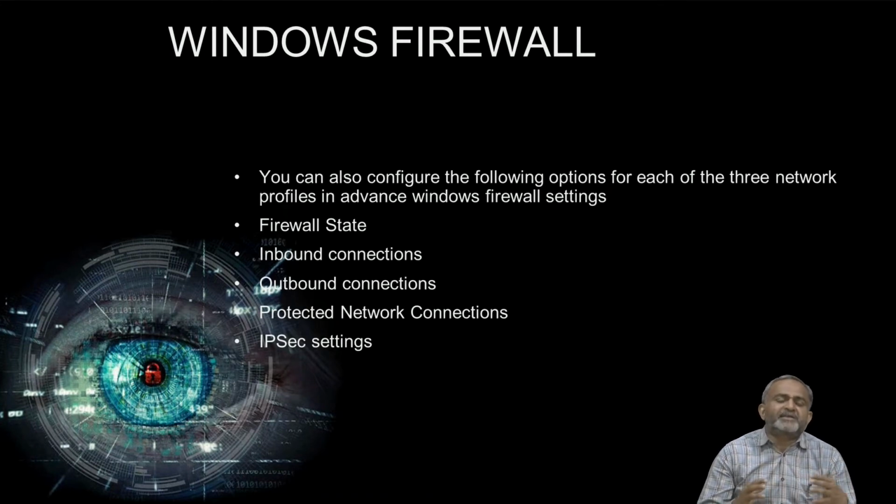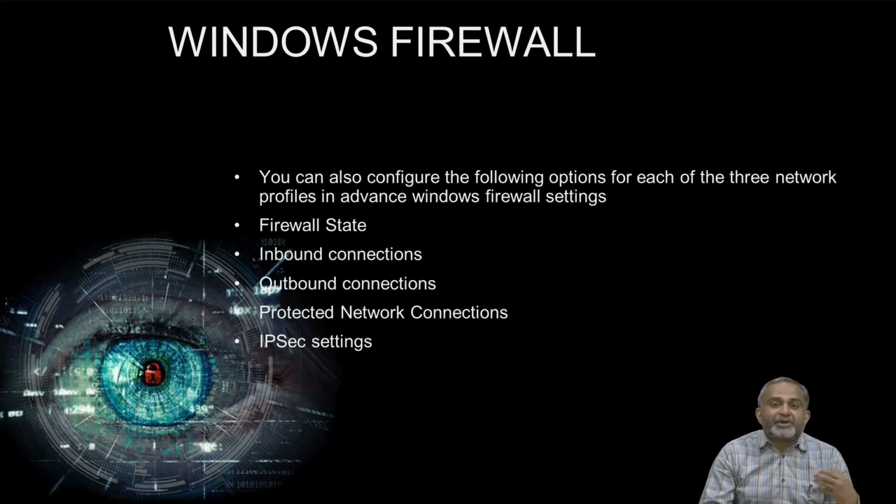Protected network connection means that if you want to protect your network and connect multiple devices in it, for your private point of view or a private network, it's also available.